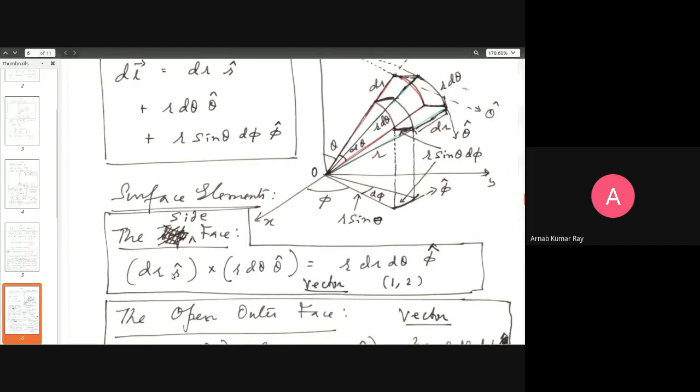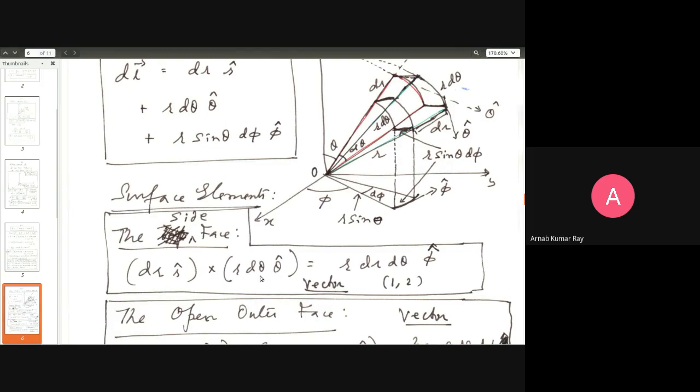So dr r cap cross r d theta theta cap. Let's see, you have got r dr d theta vector. It's an area element. An area element is a vector element. And then you have r cap cross theta cap, meaning 1 cross 2 will be equal to 3. We shall prove these things mathematically and more systematically soon enough.